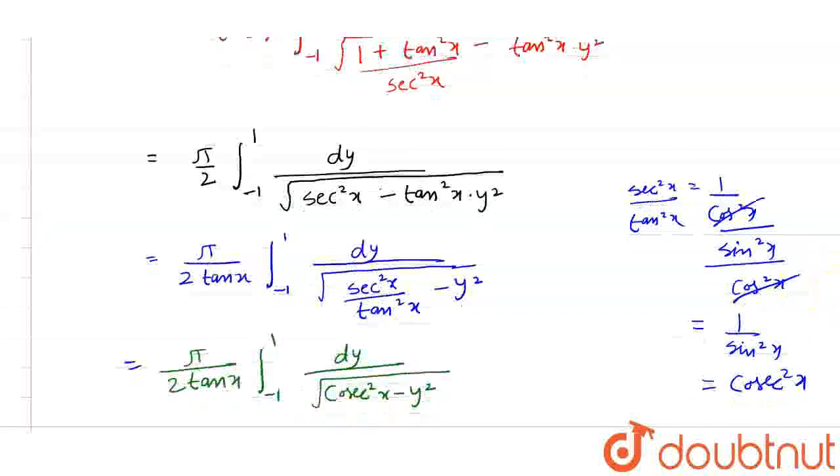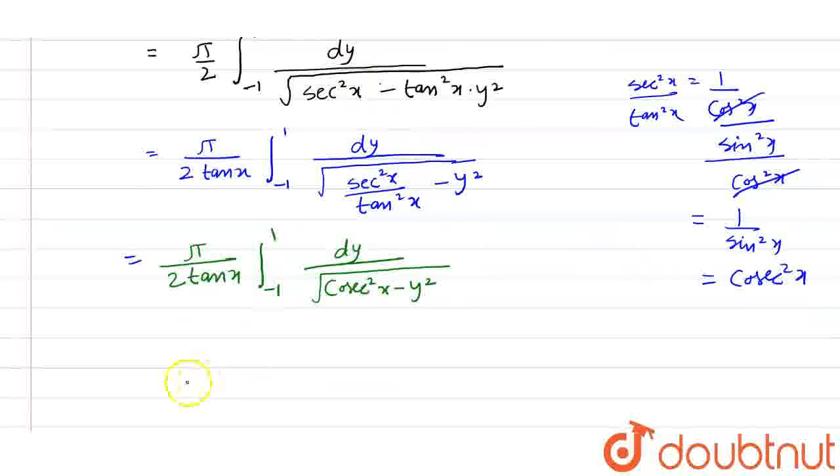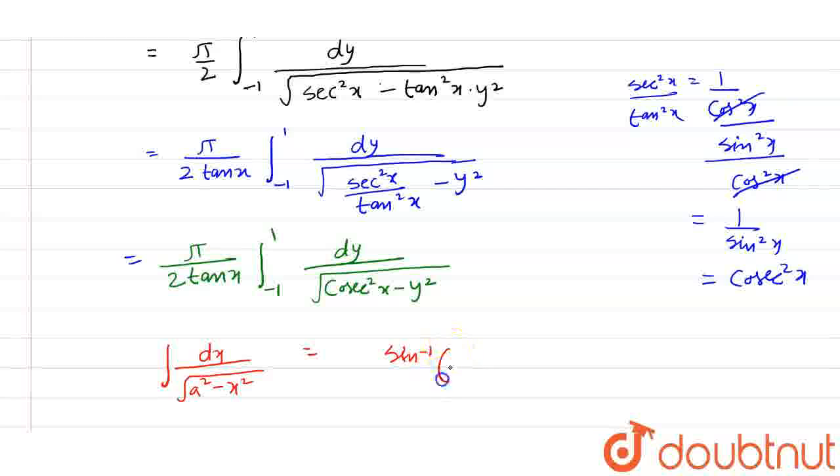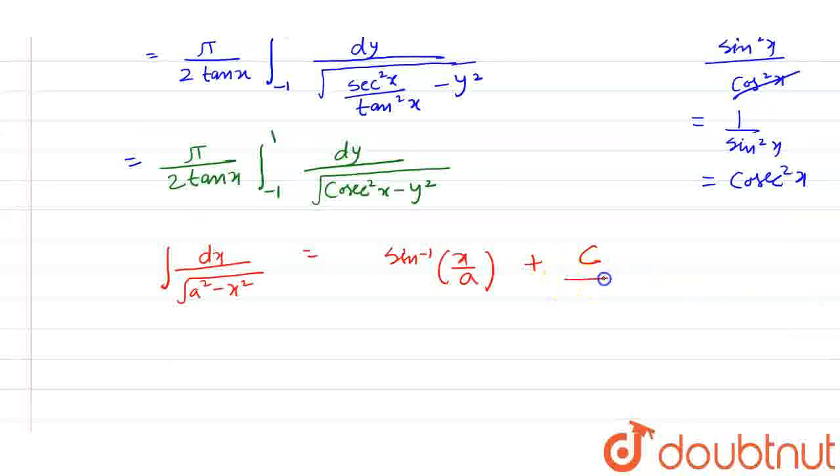And we know that this is same as integration dx upon root a square minus x square is equal to sin inverse x upon a plus c. But this is in the case of indefinite integrals, but this is a definite integral, so plus c will not come.